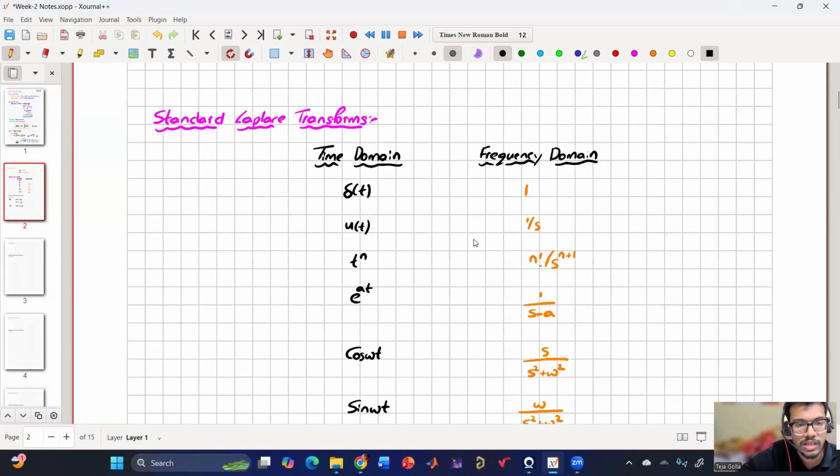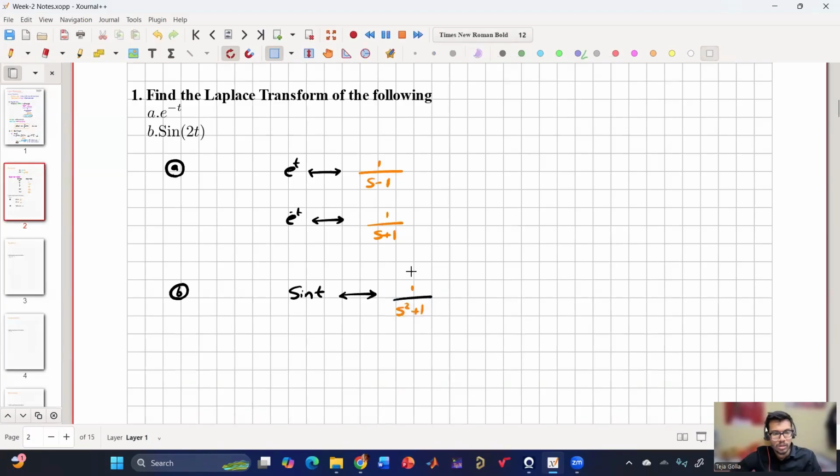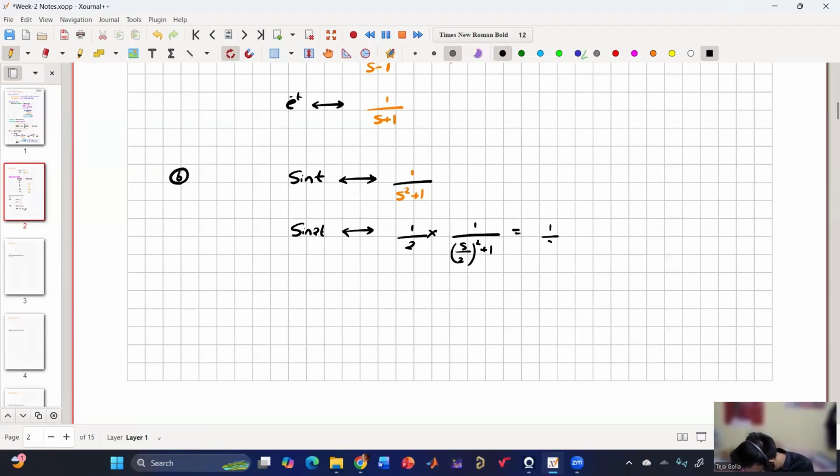Now for sin 2t, it is 1 by 2 into 1 by (s by 2) whole square plus 1, which is half into 4 by s square plus 4, which is 2 by s square plus 4.